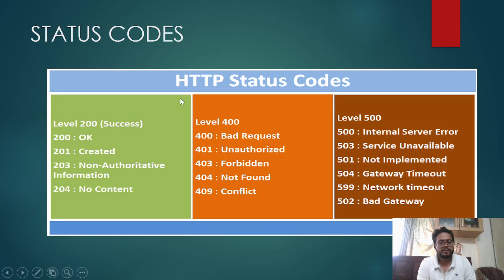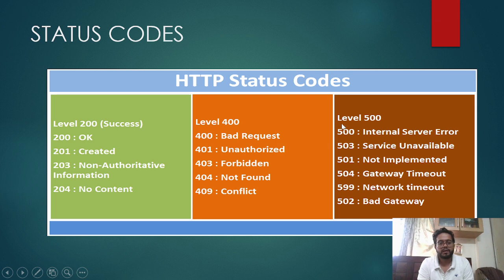So these are the HTTP codes. 200 is OK, 201 is created, 203 is non-authoritative information, and 400 is bad request, 401 is unauthorized, 403 is forbidden, 404 is not found, 409 is conflict.